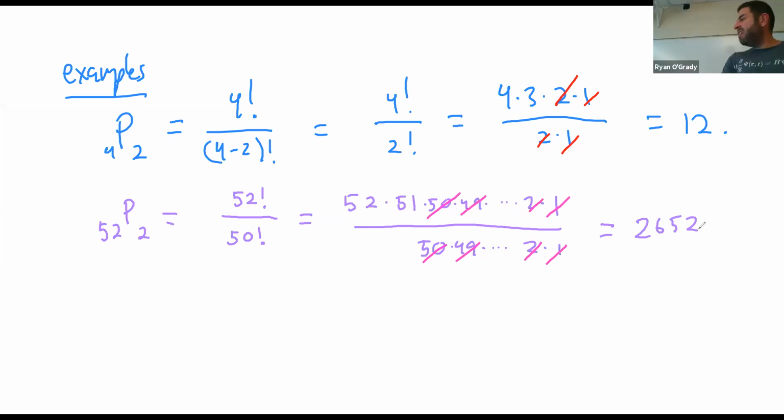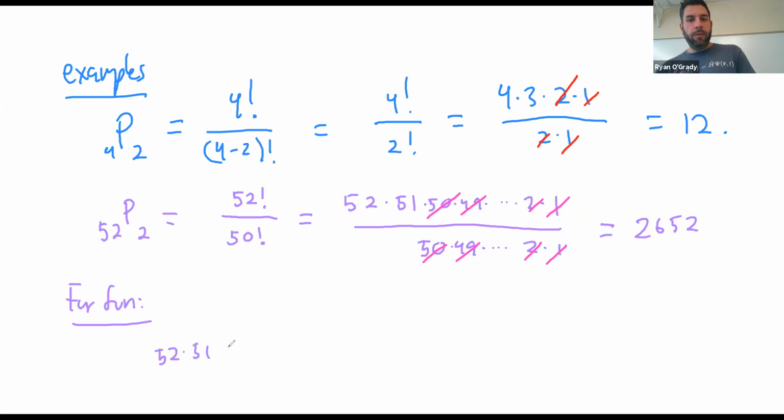By the way, people always say, how'd you do that in your head? Can anybody do 52 times 51 in their head real easy? Not that you have to be able to, but there's a shortcut for doing it. Algebra class gave you that shortcut. Just a reminder that if you wanted to, for fun, 52 times 51 is the same as 50 plus 2 times 50 plus 1.